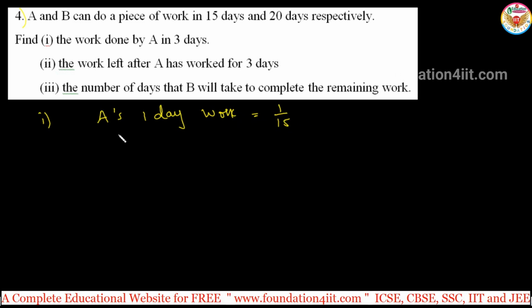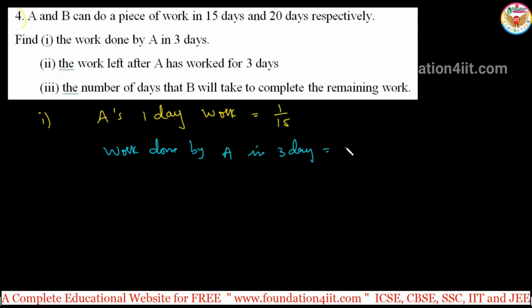So work done by A in 3 days is 3 into 1 by 15, that is 1 by 5. So 1 by 5th part of the work A can do.